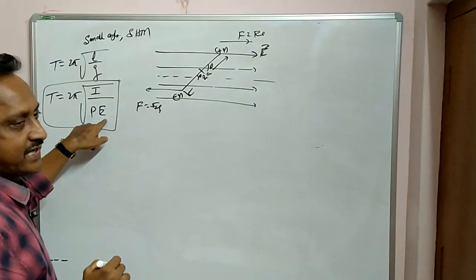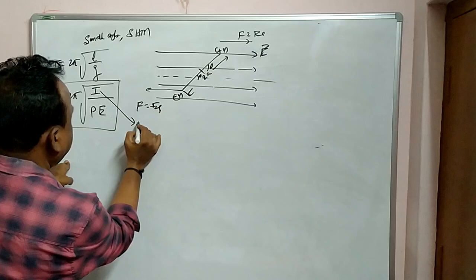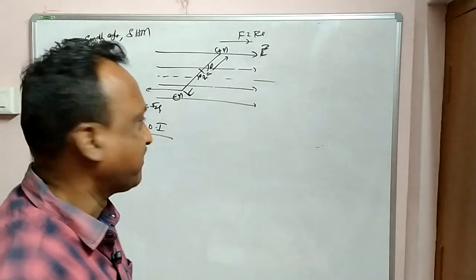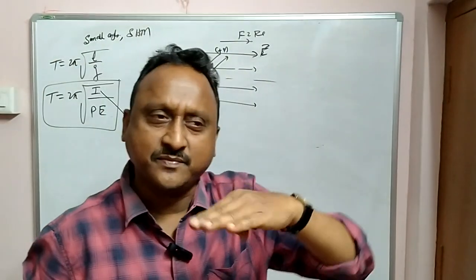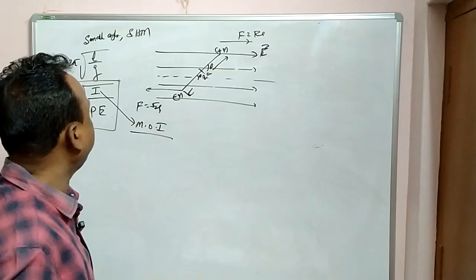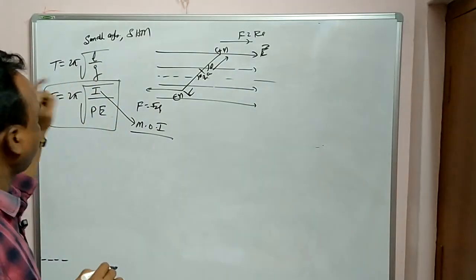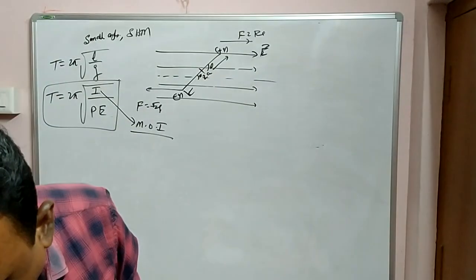Here in place of M we have P, the electrical dipole, and E is the electric field intensity. So this I is the moment of inertia, mass into square of the distance. This is the time period for the electrical dipole making small angle simple harmonic motion in the field. 2 pi is constant, T is time period. Clear?